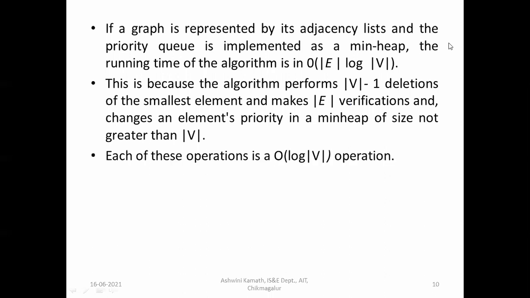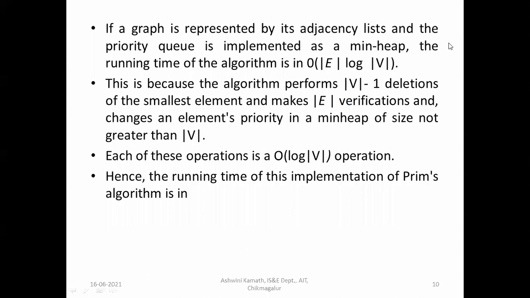Each of these operations is a big O of log number of vertices operation. Hence, the running time of this implementation of Prim's algorithm is in number of V minus 1 plus number of edges into big O of log number of vertices, which is equal to big O of number of edges log number of vertices.